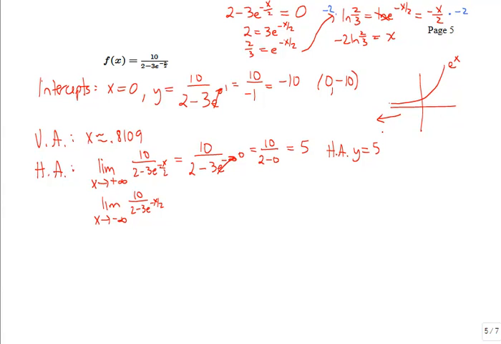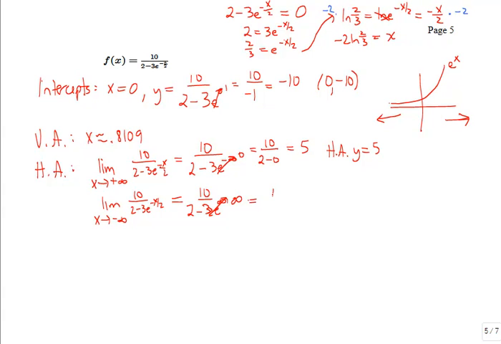Now let's go in the other direction. So now we're going to plug in minus infinity. Now what that's going to do is when we do minus a minus infinity, then this is going to be like 3e to the positive infinity. So what does this graph do as I go to positive infinity, which would be this way? This is shooting up towards infinity as well. So this is going to infinity.